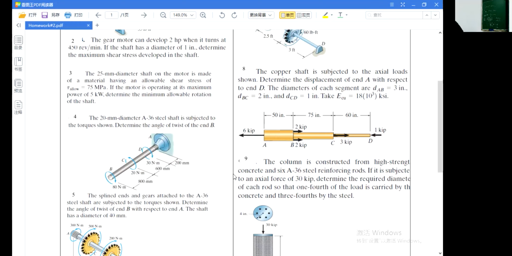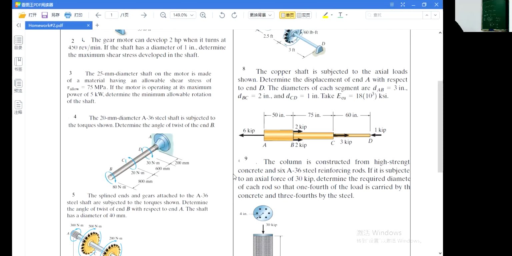End of B, A. That means the whole part. Well, when the 3D torque acts on the shaft, the end will rotate. Yes, rotate. Ask you find the angle.